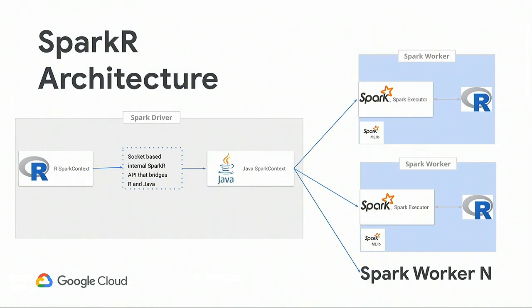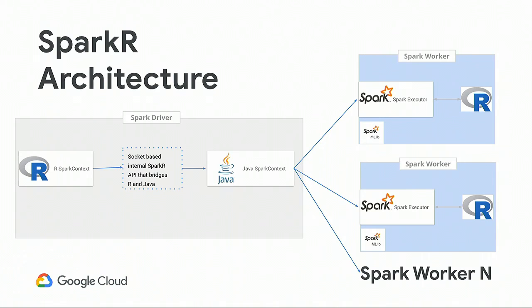So this is a very high-level SparkR architecture. There are two pieces to Spark: the Spark driver and then the Spark workers. Again, very high level. But oftentimes this Spark driver, depending on what mode of Spark you're in, is going to run exactly where your RStudio is running. And you're going to spin up what's called a SparkR context.